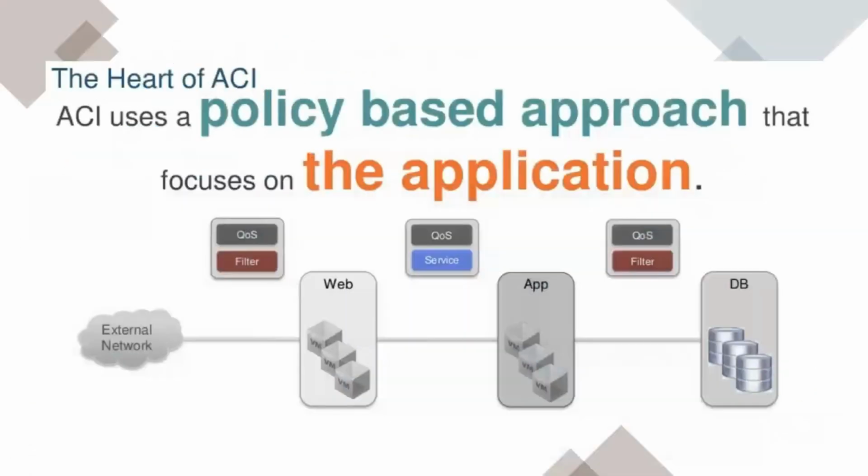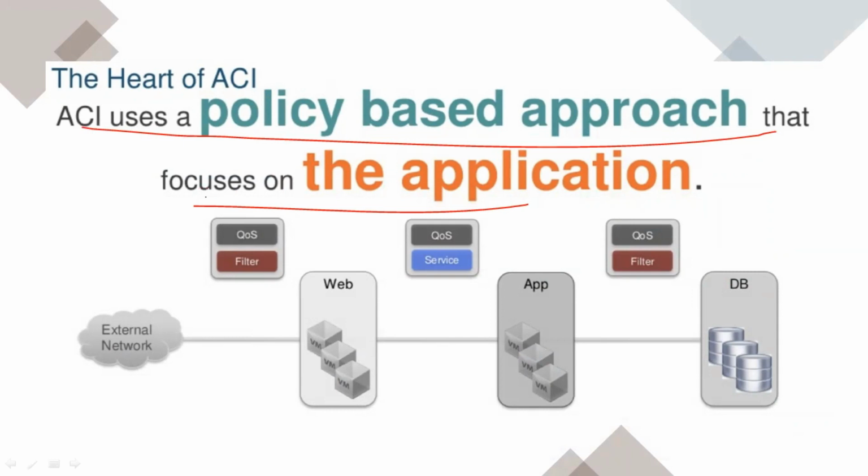Now, the heart of ACI is a policy-based approach that focuses on the application. Meaning, now you have a web server, and the web server talks to the application server, which talks to the database server.